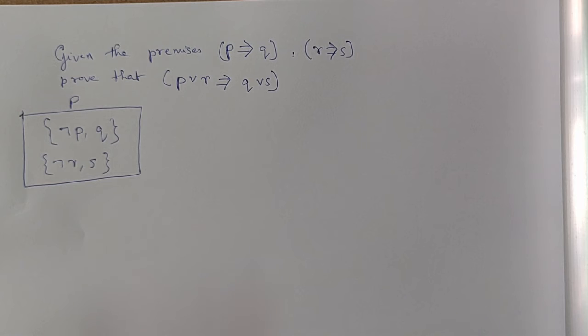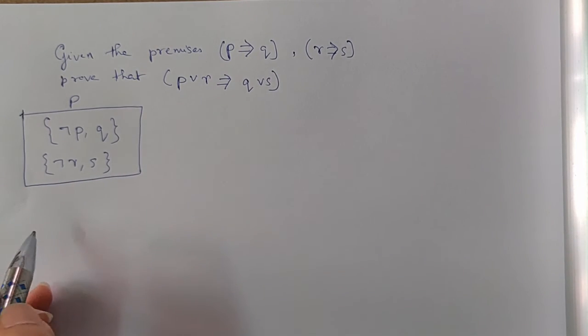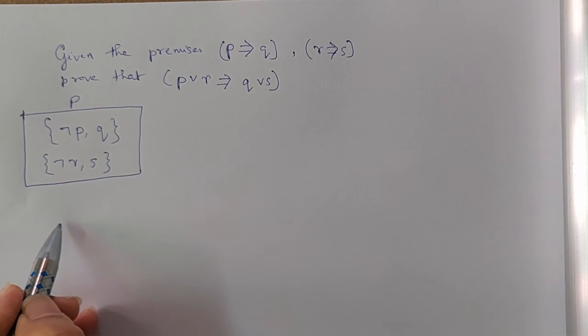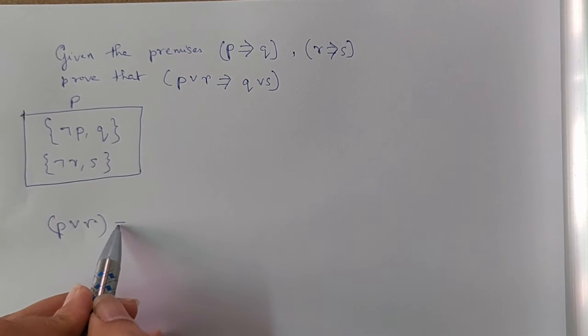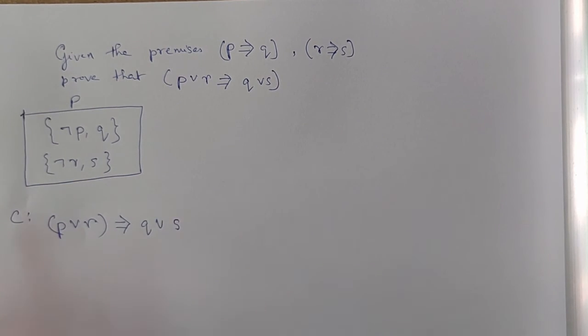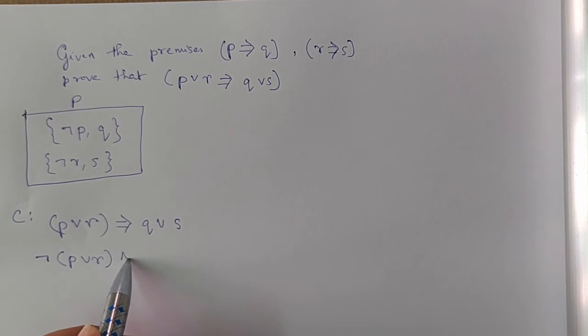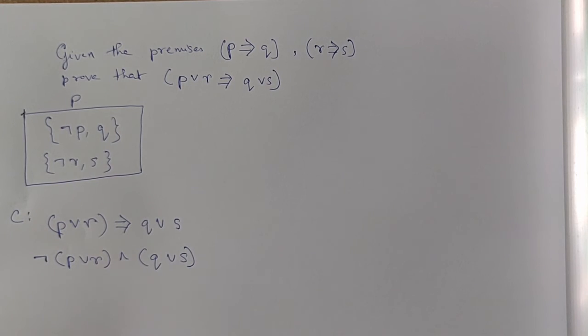I have to convert the not C into clauses, because I want the set of sentences P union not C. So C is P or R implies Q or S. This is my C. So this means not (P or R) or (Q or S), right?